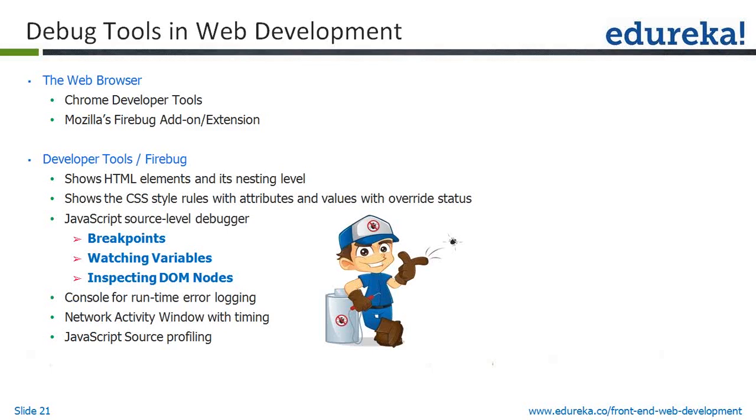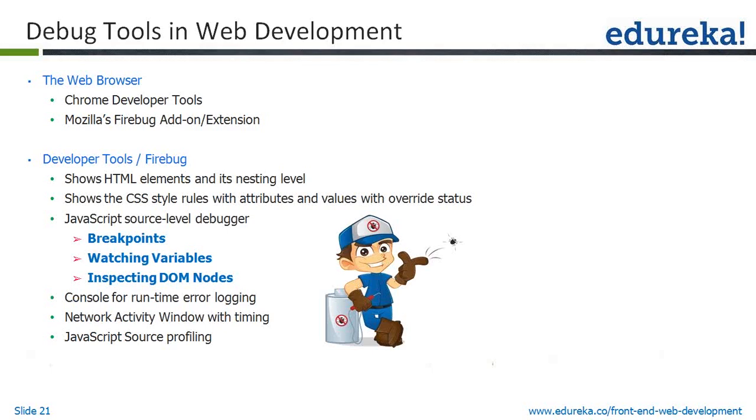If there are any JavaScript bugs, you can do source level debugging. You can step through line by line, and you can put watch expressions on a particular variable and see how the value is changing. You can put breakpoints so that once you reload the page, when that part of the JavaScript code is hit, the browser will stop there and you can do step-by-step execution.